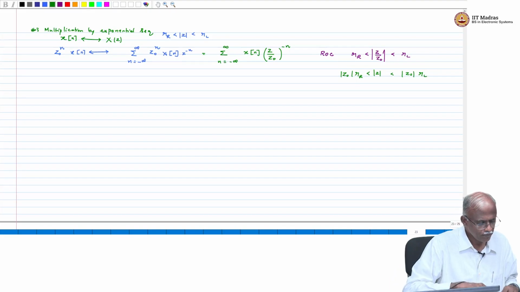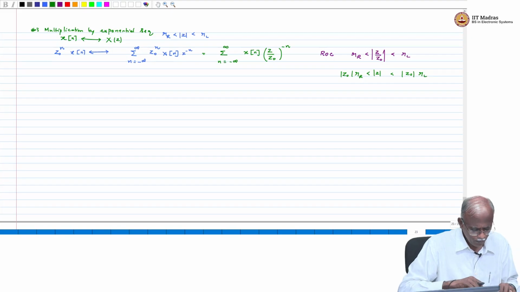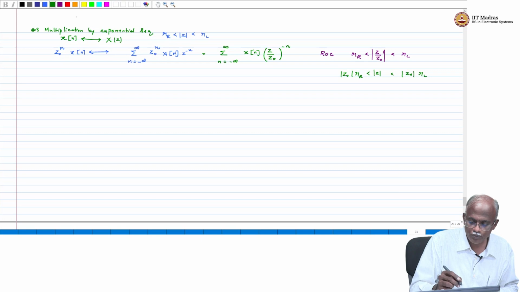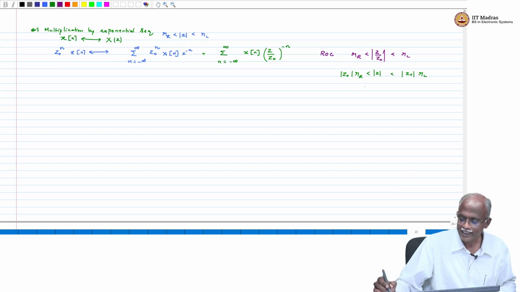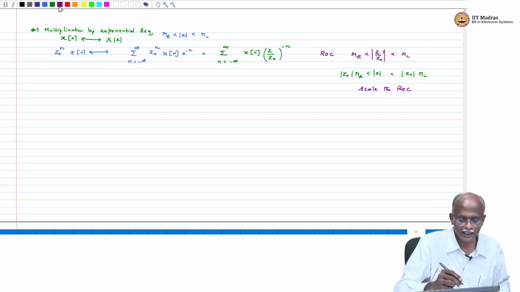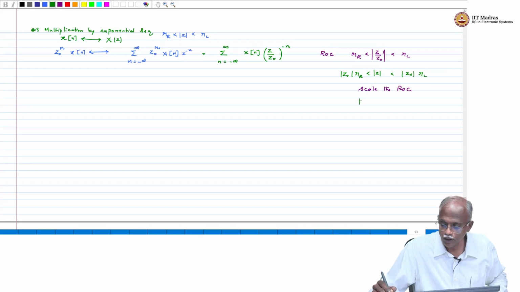This is a very, very powerful result, because what it is saying is that by applying an exponential sequence, I am going to scale the ROC. If mod z0 is greater than 1, then you are expanding the ROC.